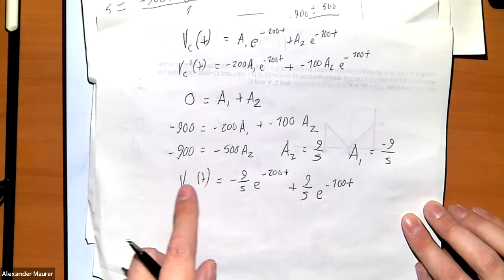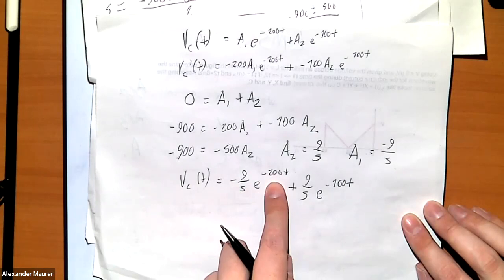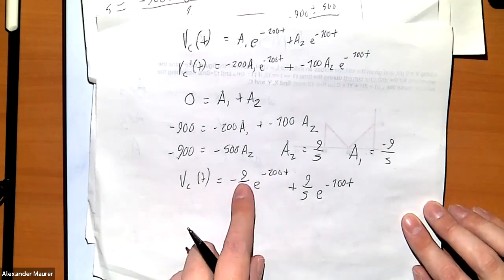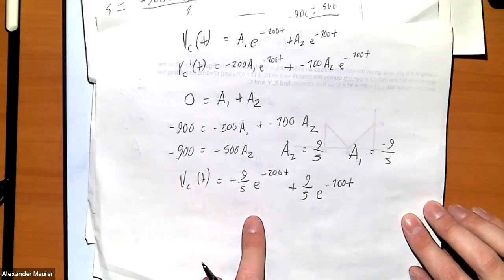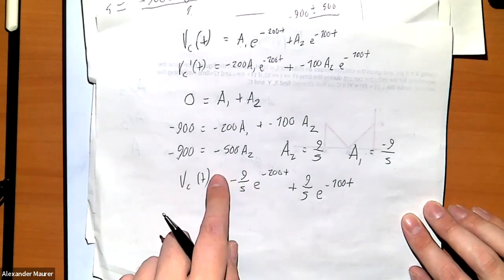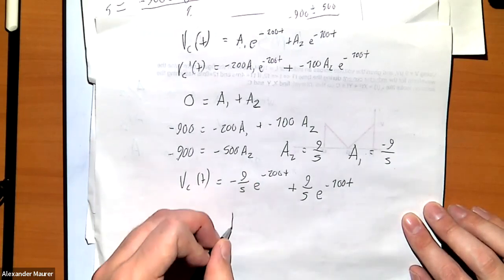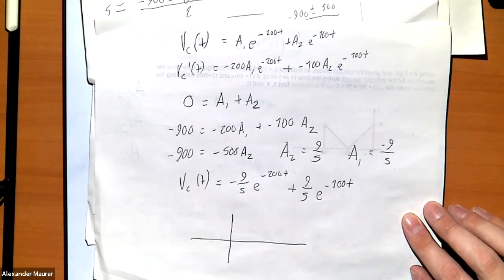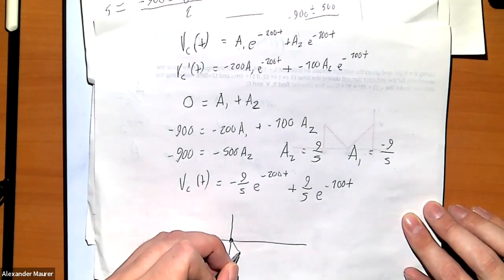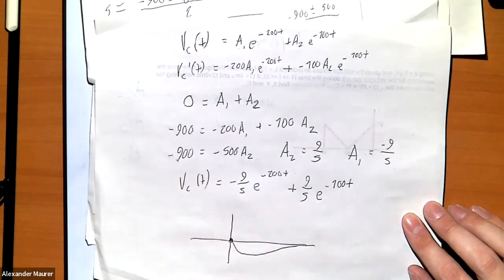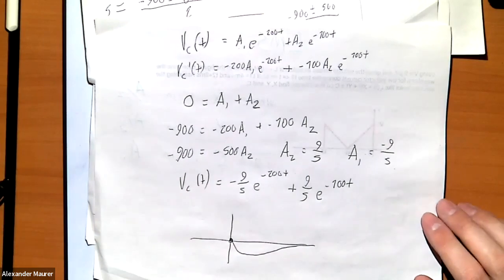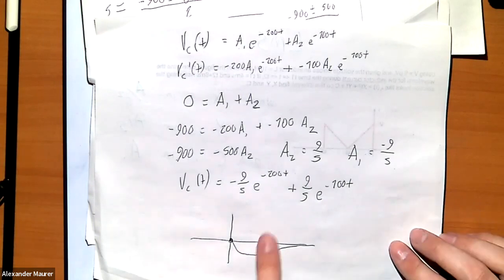So the voltage starts at 0, goes negative, and then because it is overdamped, it's just going to go down and then decay back. I'm not sure where it peaks.